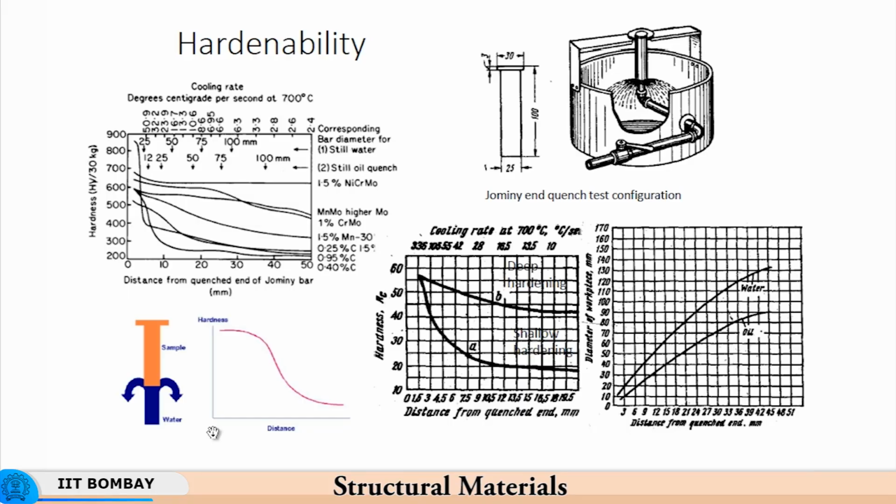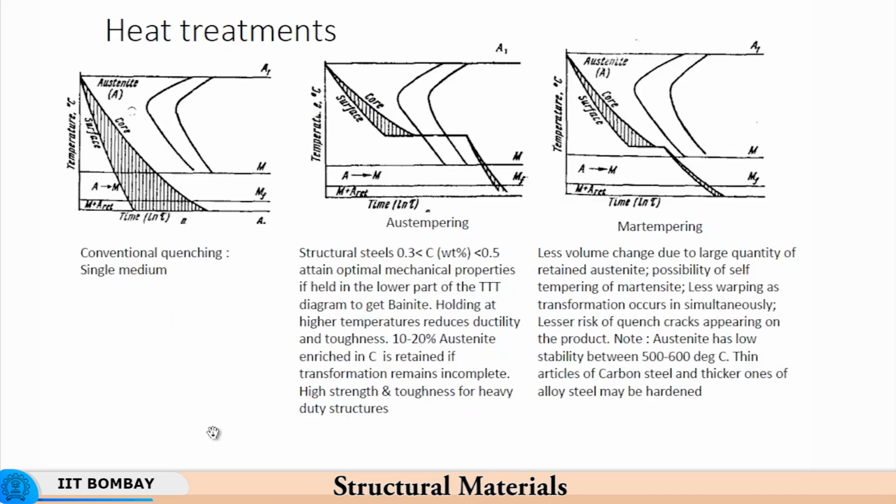This shows the configuration of how the Jominy end quench test is conducted, and depending on what kind of quenching medium it is, you will get different gradients of cooling, and therefore the diameter of the workpiece that can be through hardened will be more with water as compared to oil.